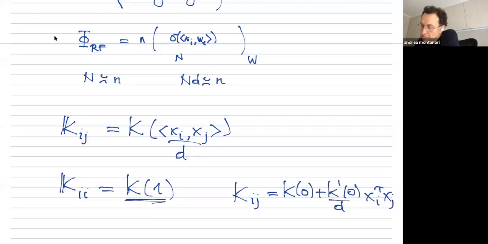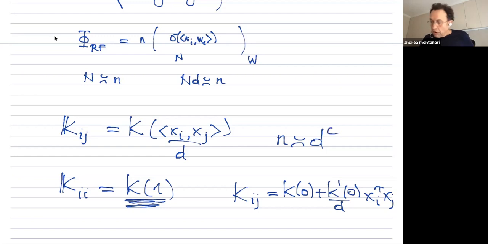This argument is true, again, for n of order d. If you look at n that scales polynomially in d, then you have to look at higher terms. So you see clearly that this always has to be non-negative, because the diagonal of a kernel is non-negative. Here you see it very clearly, and this generalizes to polynomial scalings.